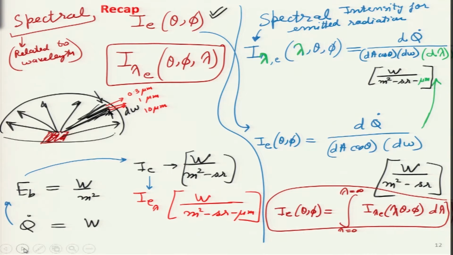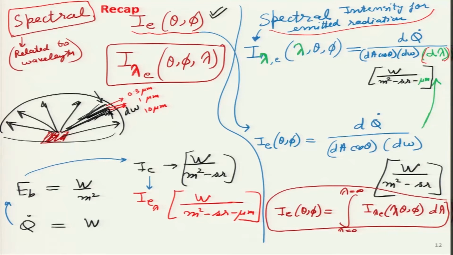Then one more thing we have looked at over here, which is the word spectral we have used. Again, this is related to the wavelength. So, we have already introduced this spectral quantity I lambda E. So, I E we already have. So, we are now introducing the lambda concept over here, and a very interesting thing that we find is that once we define it in this way, there is the green quantity over here.